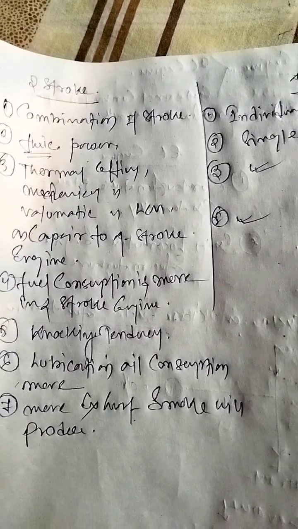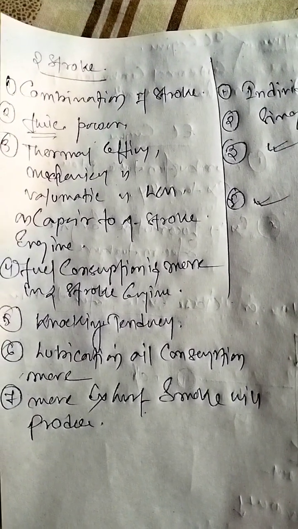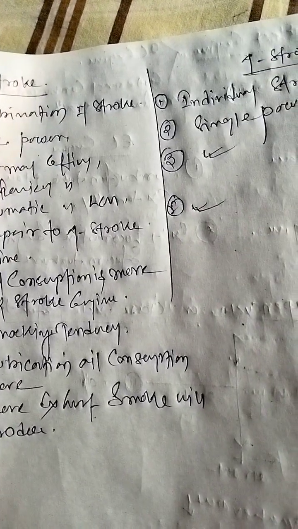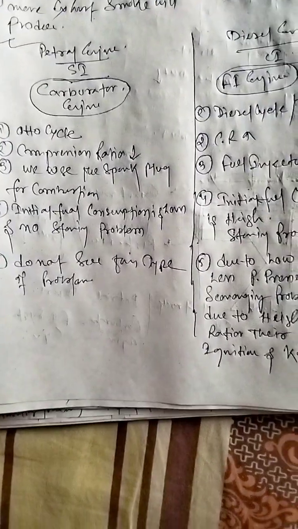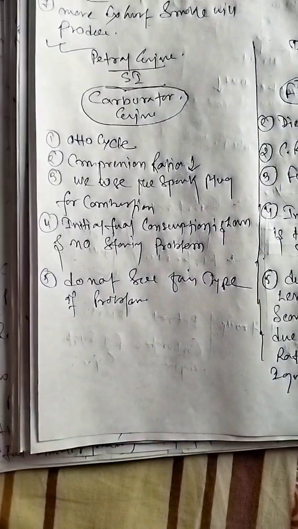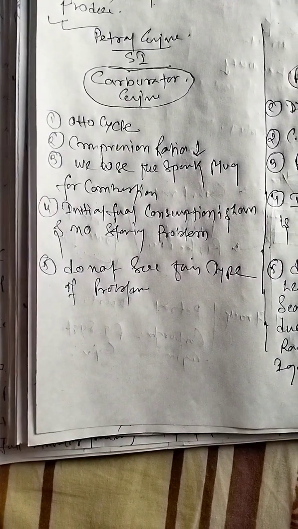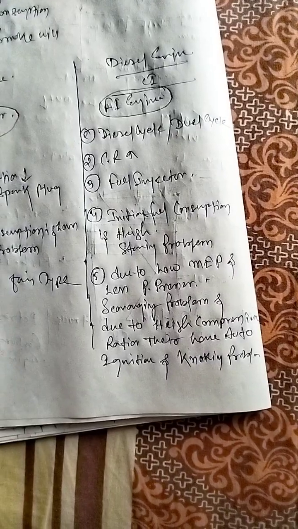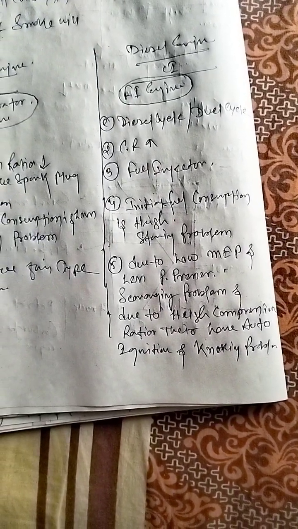Now we talk about the petrol engine and the diesel engine. In this differentiation, we see the petrol engine, which is also known as the SI engine or the carburetor engine, and the diesel engine, or the CI engine or the FI engine.